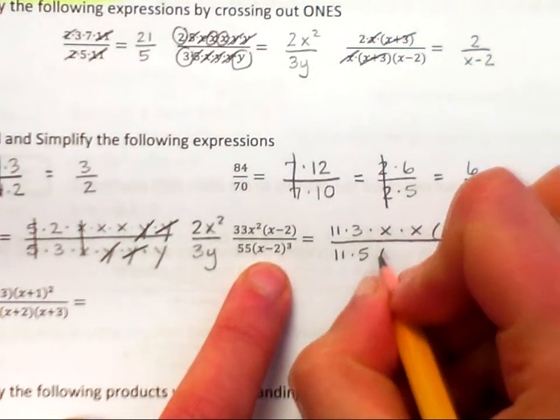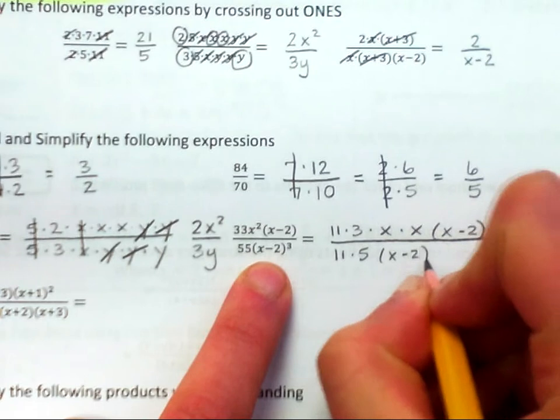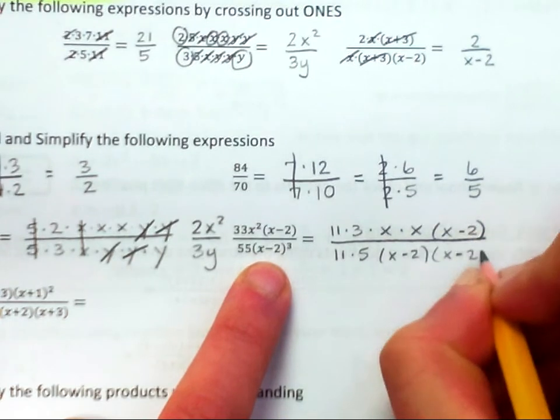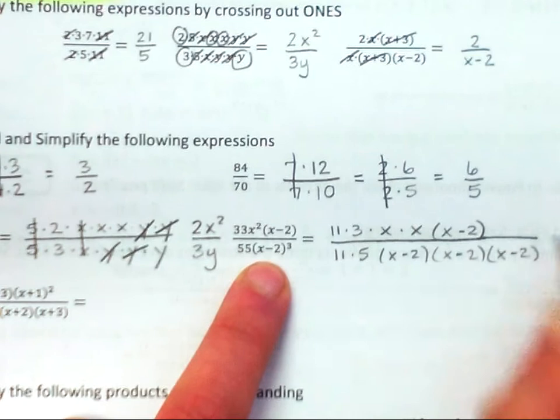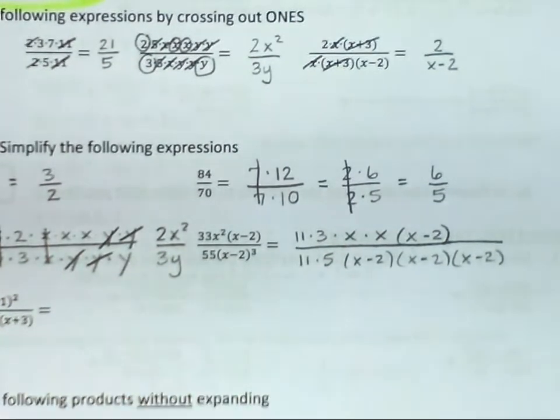So we have 3 factors of x minus 2. There, the thing is expanded all the way out.